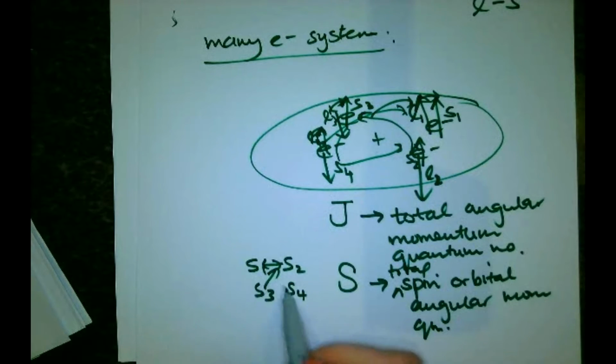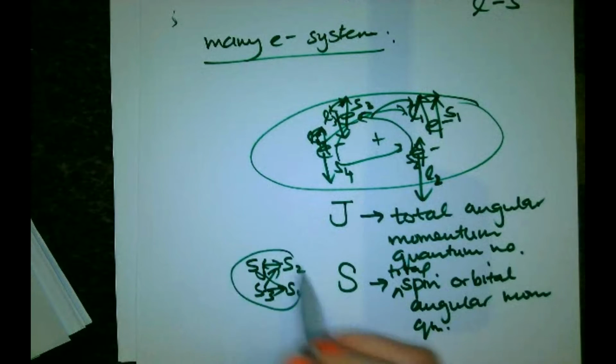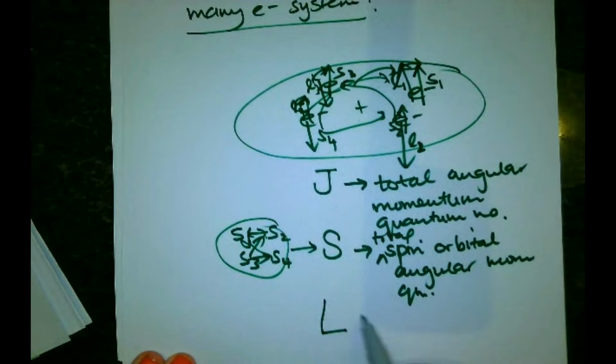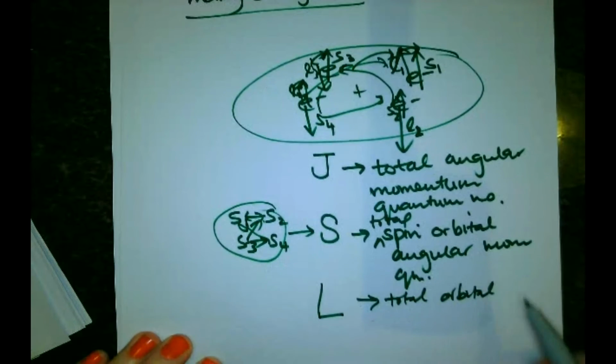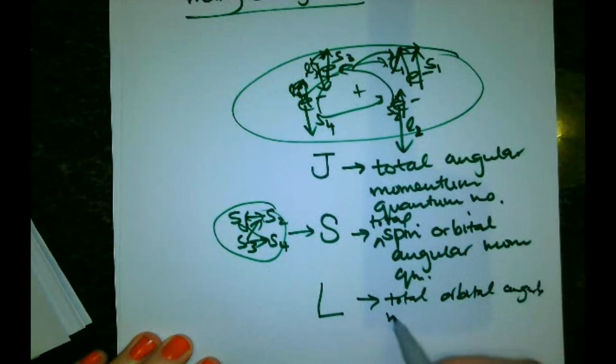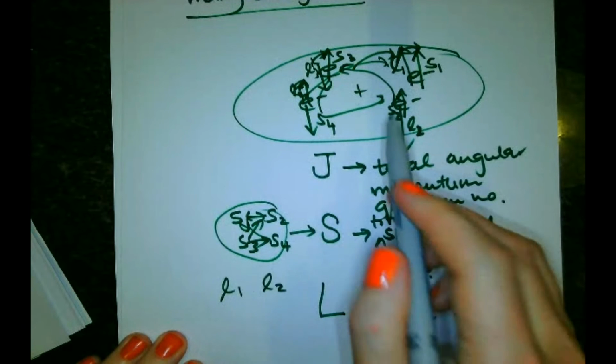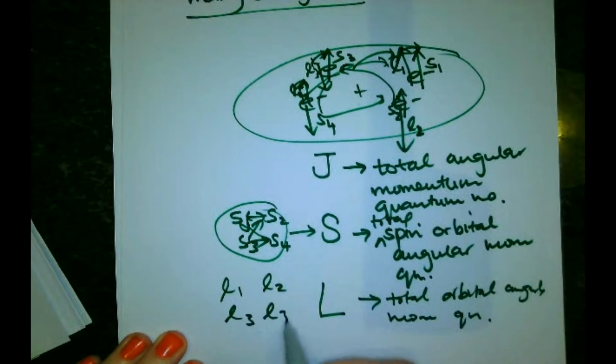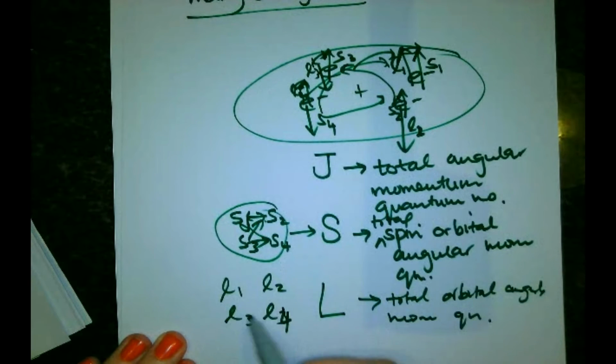So the coupling of all the S's in my atom. In the same way, we get uppercase L, which is the total orbital angular momentum quantum number, which in this atom would be the combined effect of all the L's, how they couple.